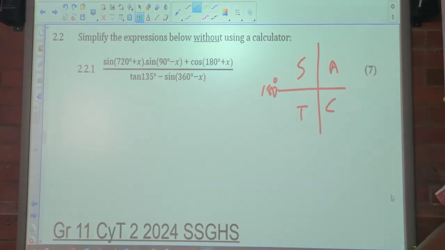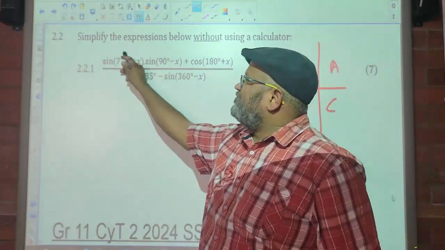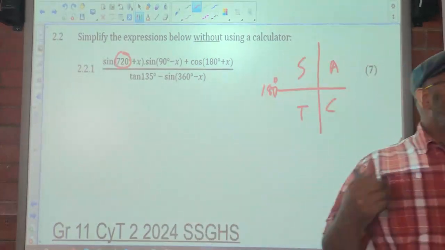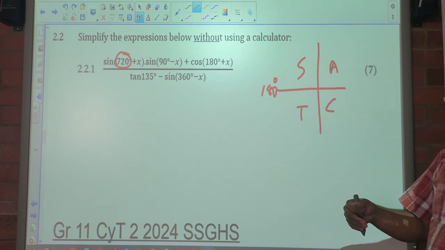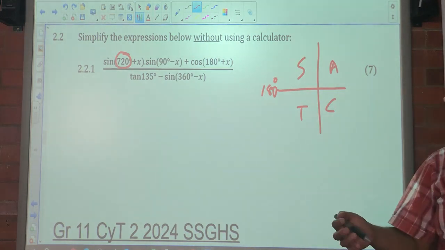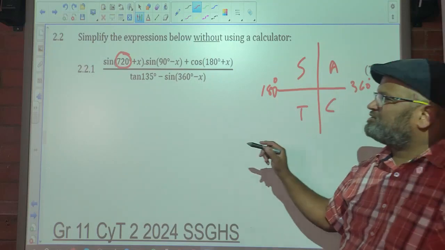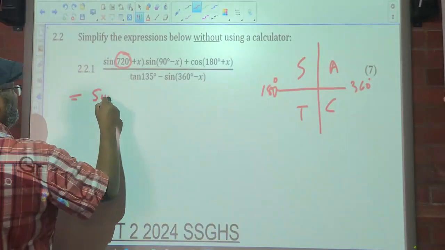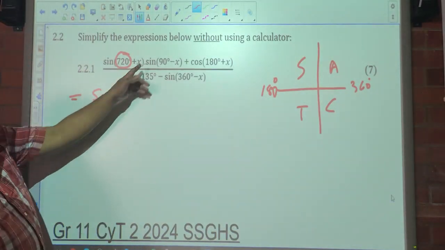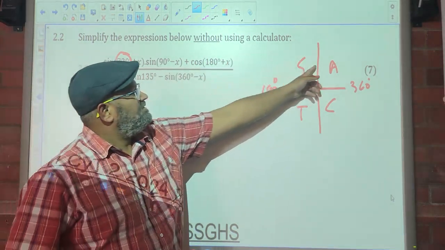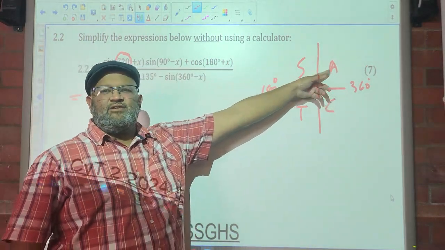So we go. People, this is over 360. So what do we do? Subtract 360. So 720 minus 360 is 360. 360 plus theta is in your first quadrant. Sine is positive. So it's sine x times 90 minus, which quadrant? 90 minus first quadrant.